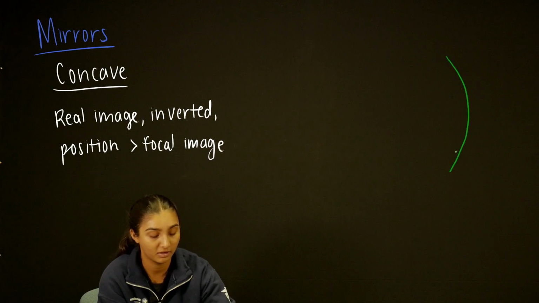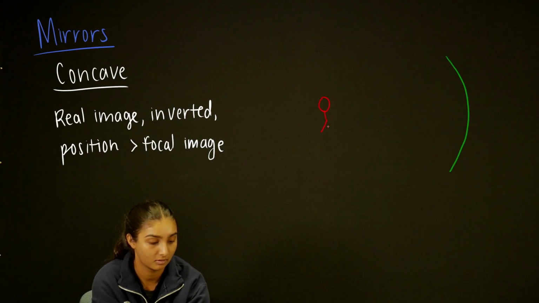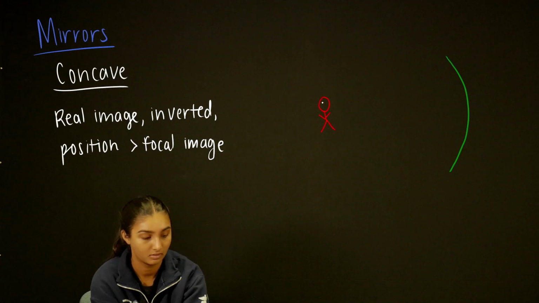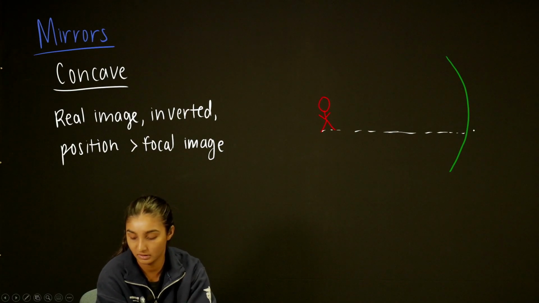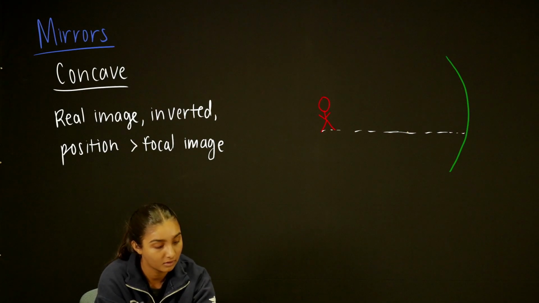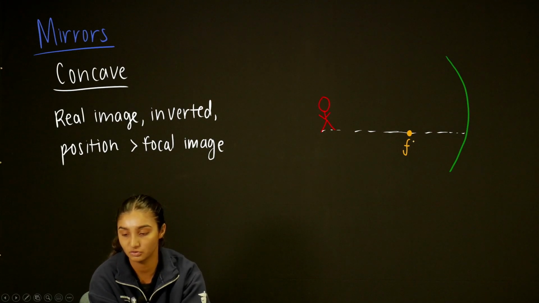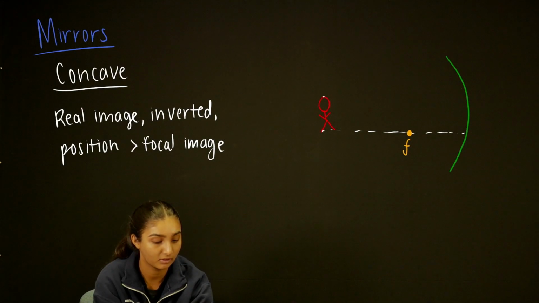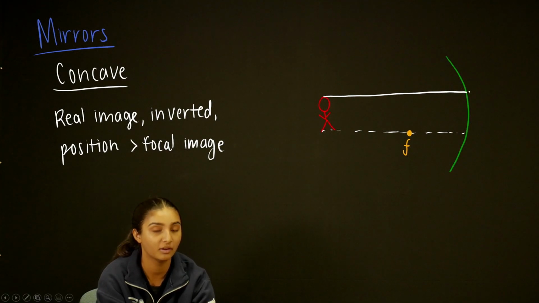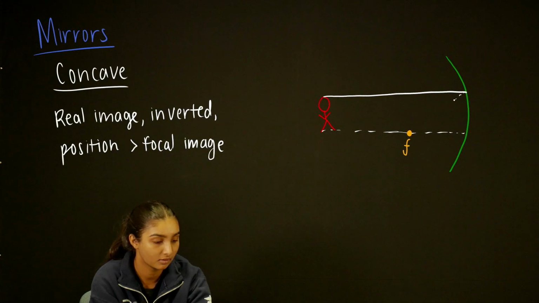So we have a concave mirror, and we have our person. For a person, our focal length is going to be right here, this orange dot. And we're going to draw our image. To draw our image from our person, we're going to draw a parallel line to the mirror, and once you draw that parallel line, it reflects through the focal length.